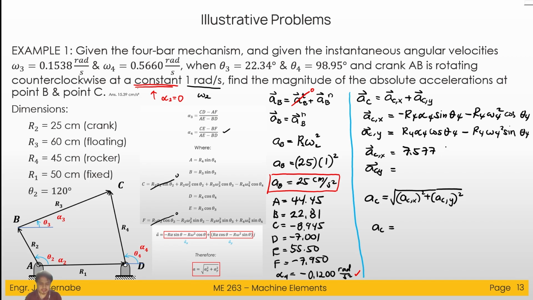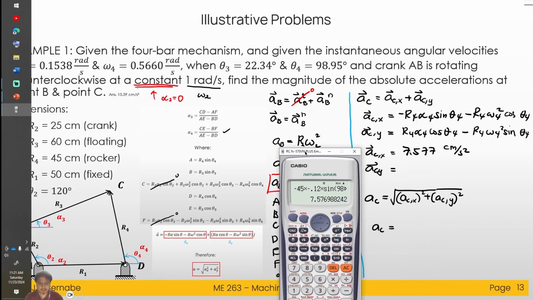Actually, this should be in centimeters per second squared now, if you do the analysis on units. And then for the y component, let me just change this into positive and then change this into cosine. So this is still negative and then change this to sine.